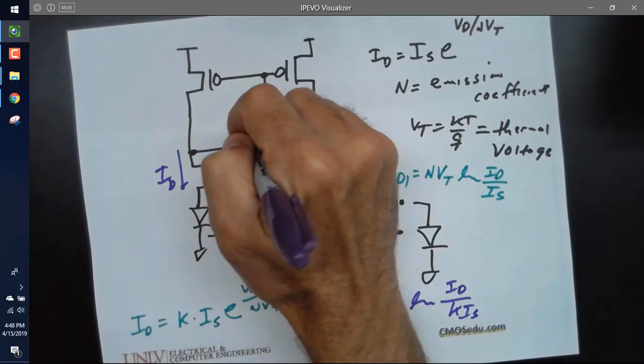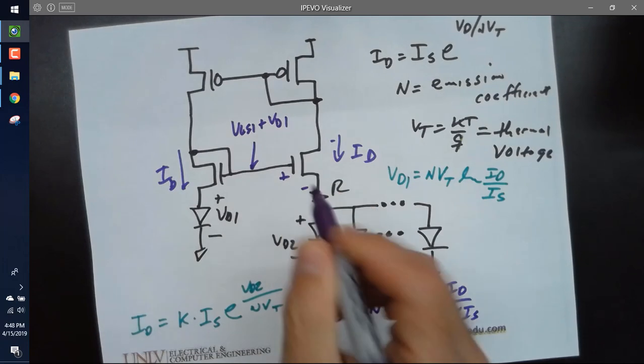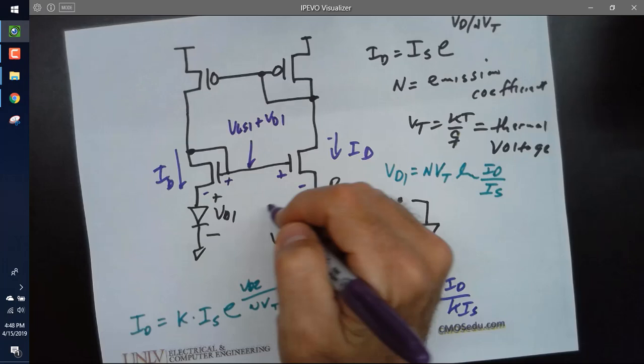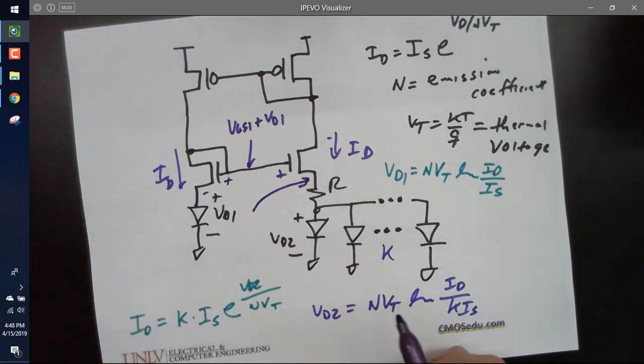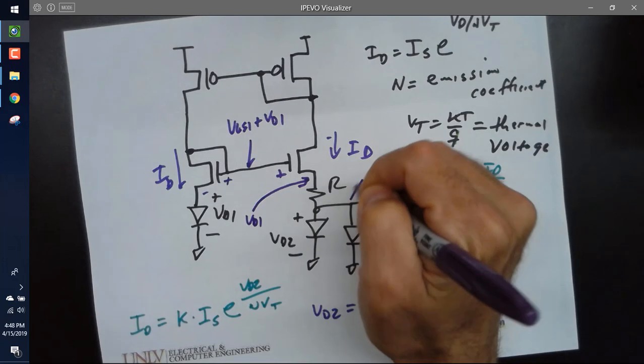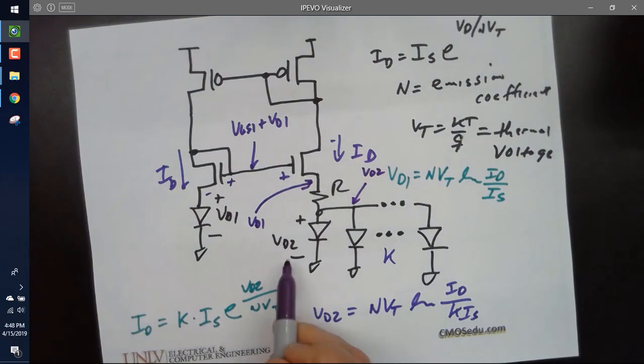VGS1 plus VD1. But what's this voltage knowing it's the same size as this one? VD1. VGS1. So what is that voltage right there? And what is that voltage right there? VD1 minus VD2.